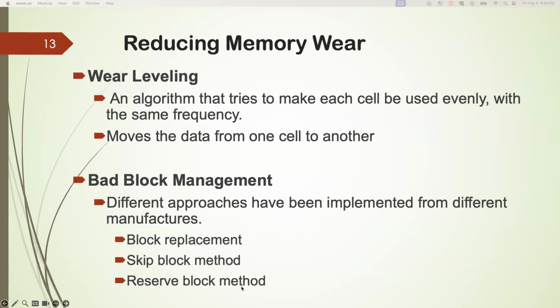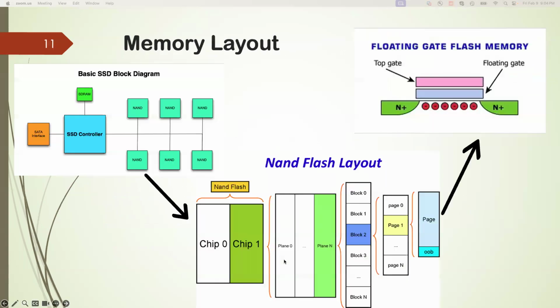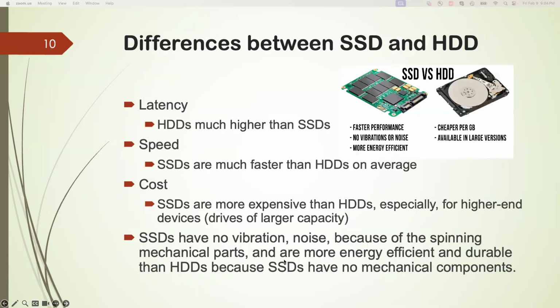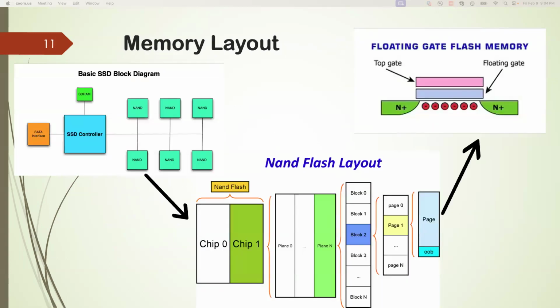In the replacement and reserve block method, the simple idea is that the hard drive will have some blocks of data that are spare or separate, that can only be used when some of the existing blocks in use by the user go bad. For example, in this particular SSD, you can see 6 different NAND flash memories.